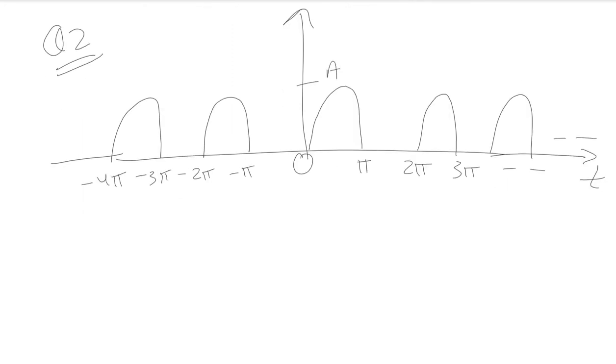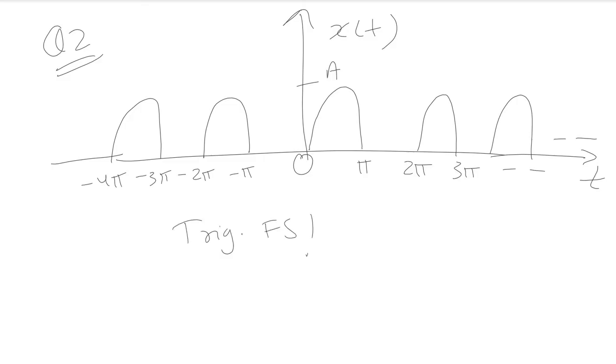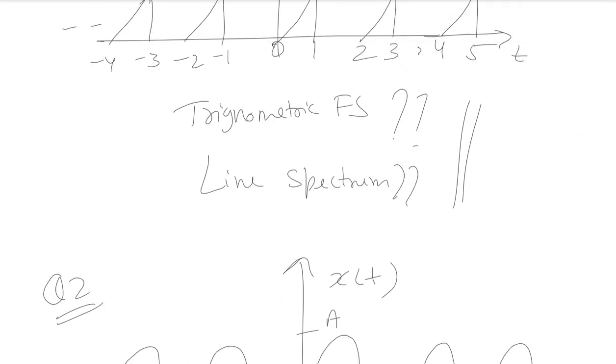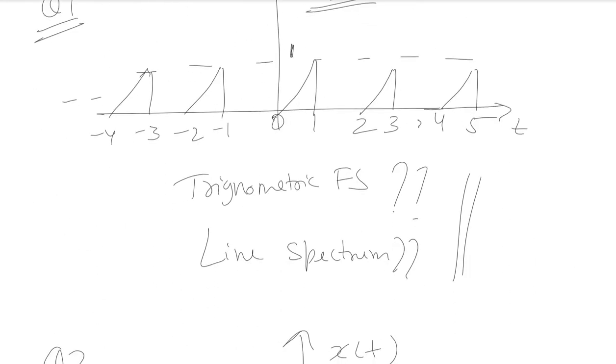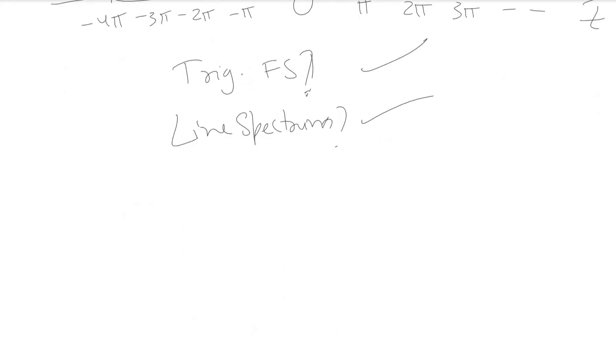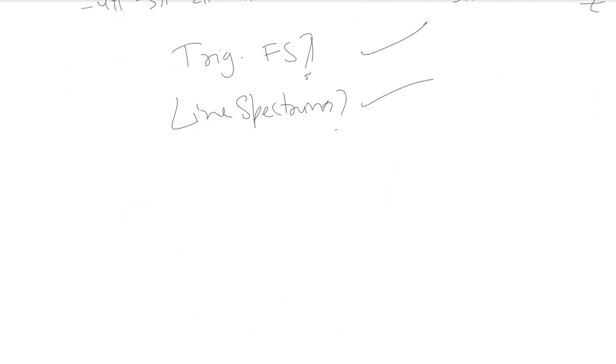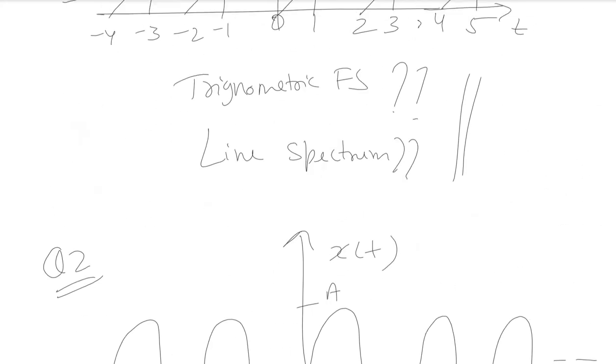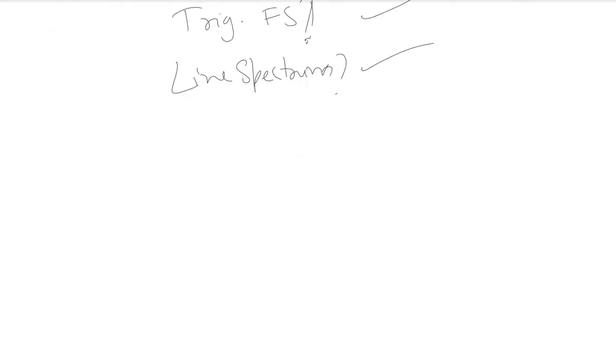And again the question is to find out the trigonometric Fourier series and the line spectrum. Try to attempt these two questions. That will help you clear out your doubts based on Fourier series, and still if you have any doubts left, then we can take up those in the live session. Thank you so much.